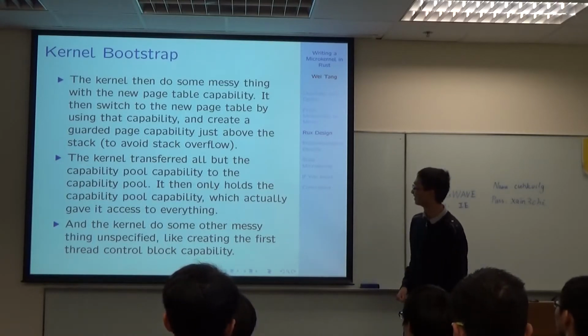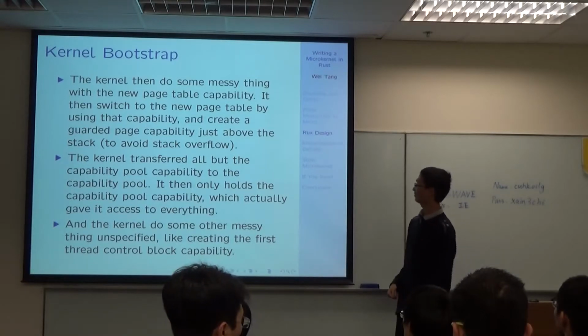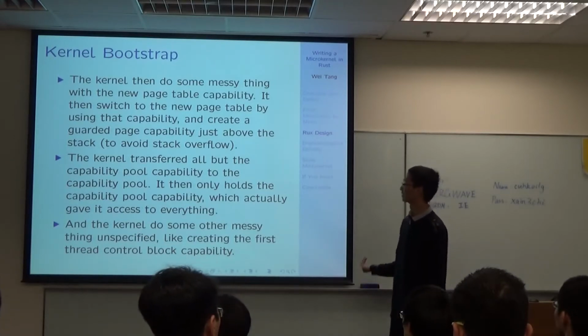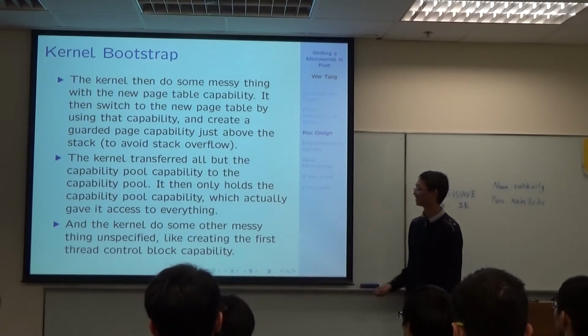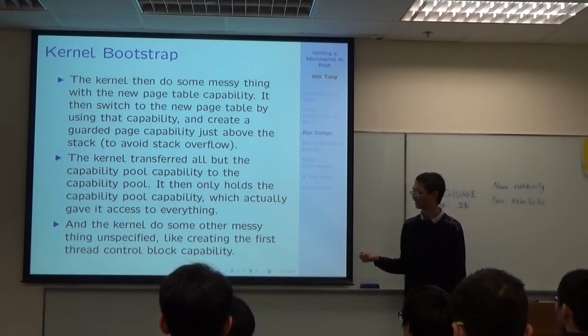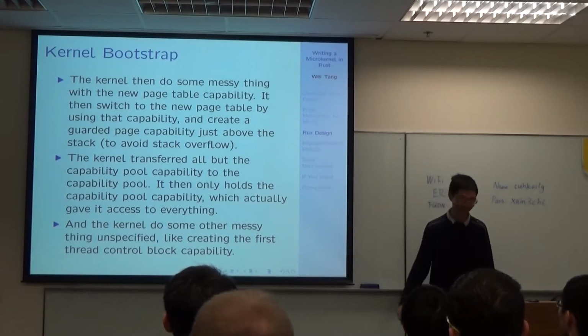Because the kernel owns the capability pool, it has access to everything. And then the kernel needs to run some other licensing. This is not implemented yet.